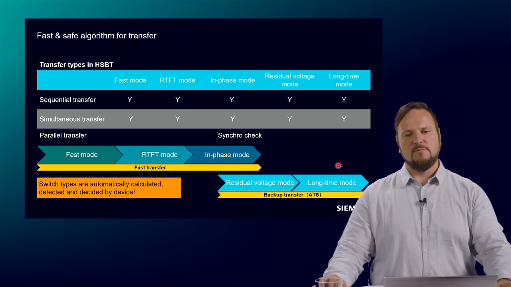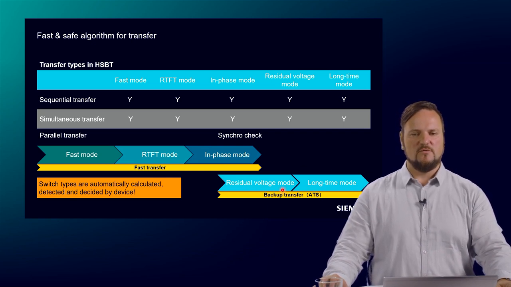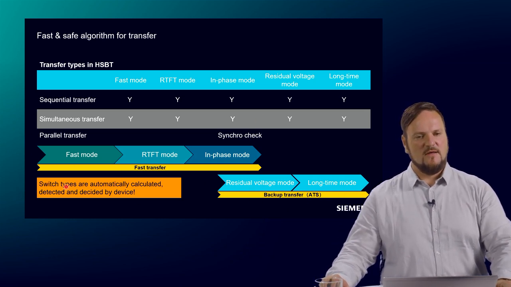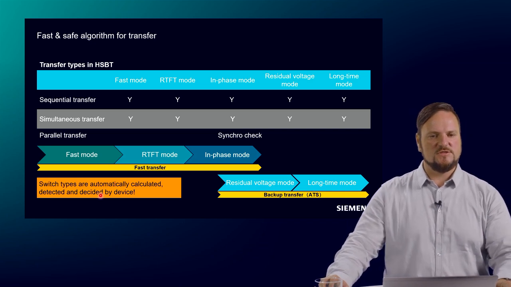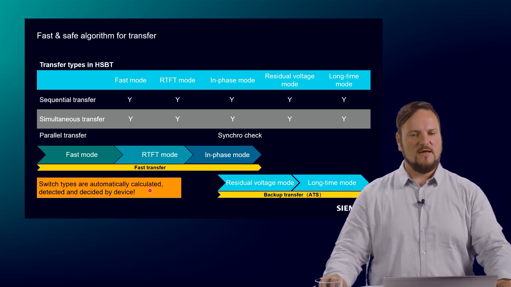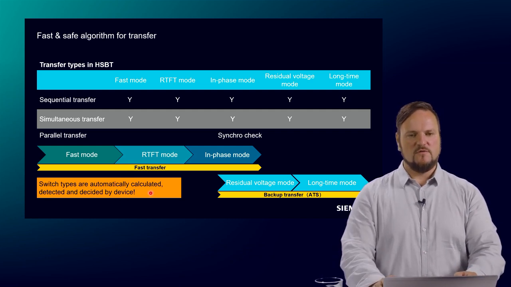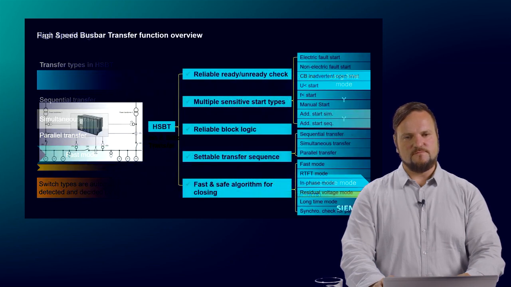When we talk about backup transfer, we talk about residual voltage mode and long-term mode. Every mode can be activated in the device, and the device makes the decision by itself, automatically calculating, detecting, and deciding which kind of switching type to use to transfer the load.